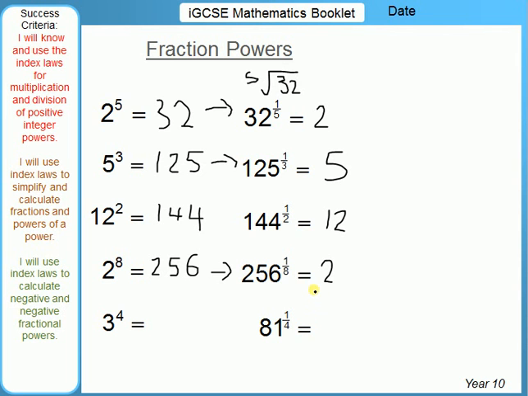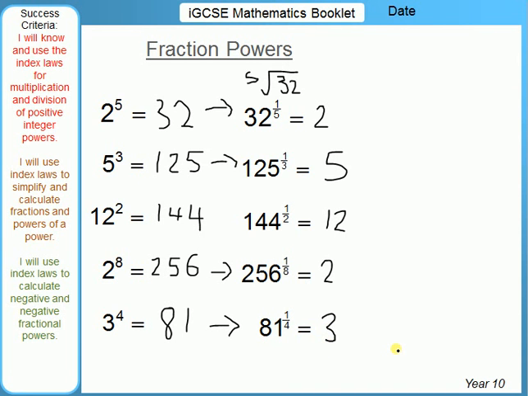And last question, I'll give you 15 seconds to have a go at that. See if you can work out my last 2 examples. Okay, so you should have worked out that 3 to the power of 4 is 81, and likewise 81 to the power of a quarter is 3.